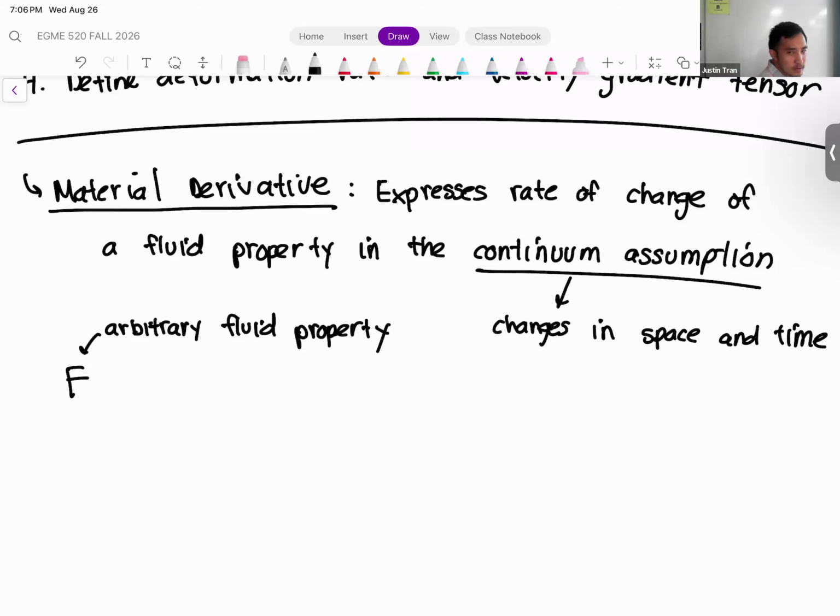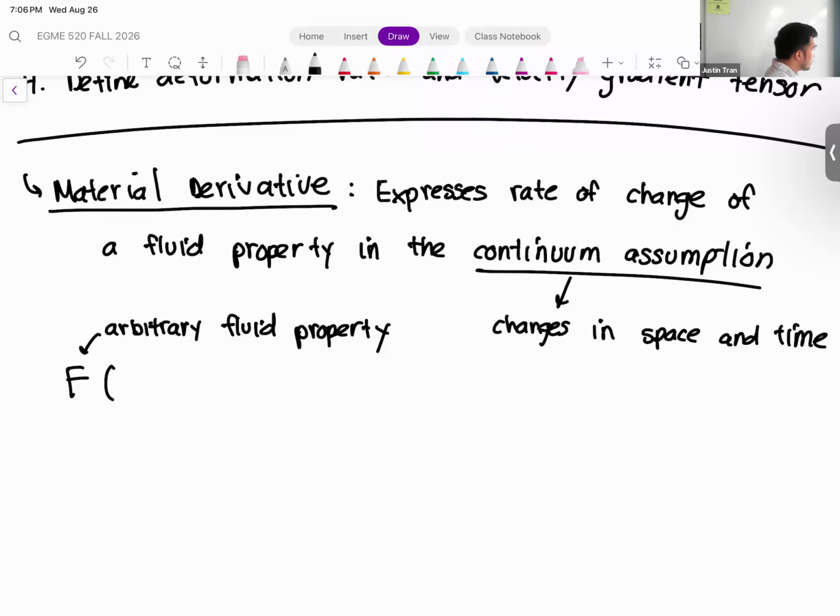I'm introducing this f not to confuse you, just because I know sometimes in this class it's going to feel like alphabet soup, with lots of different variables and letters at you. But this is just to show you that the material derivative can be applied to anything.